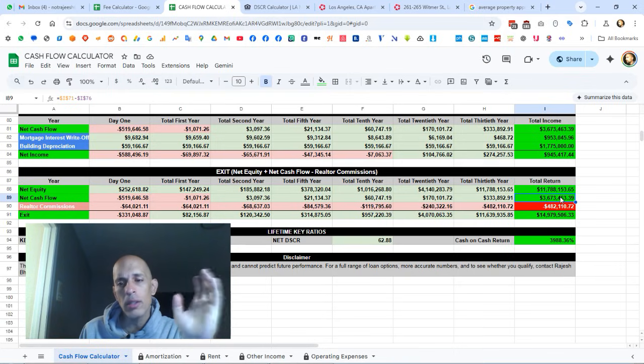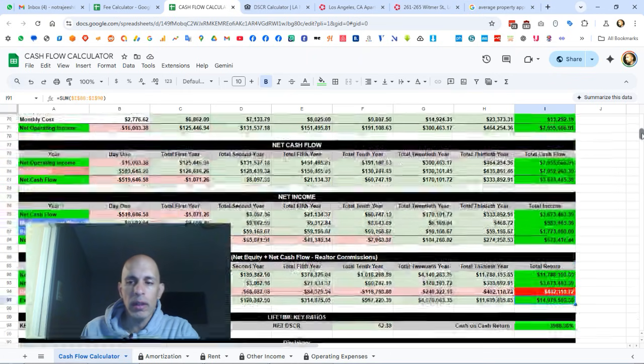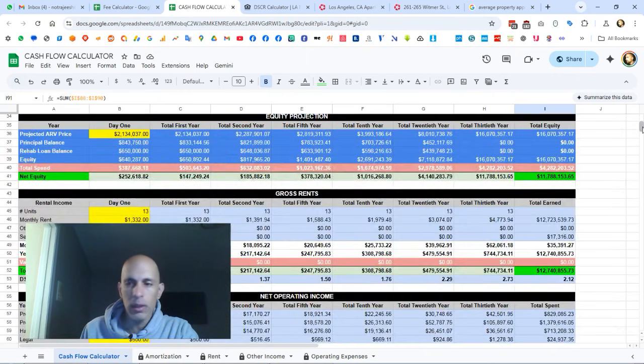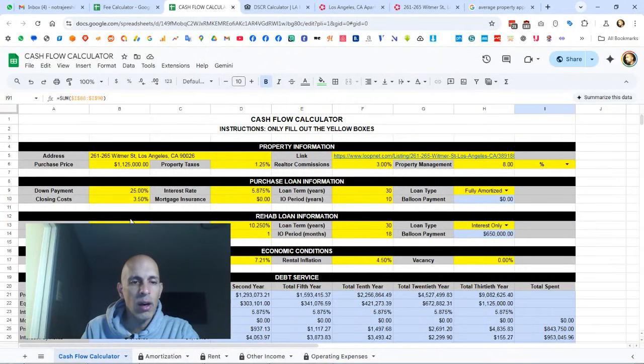And you don't touch it, you just let it sit there, and you let the building appreciate and run itself, and you walk away with $15 million at the end of that, assuming you sell.